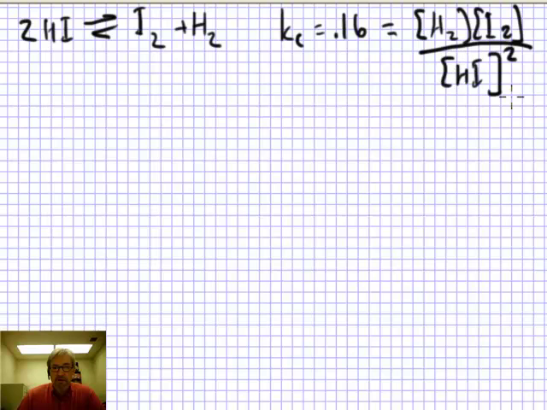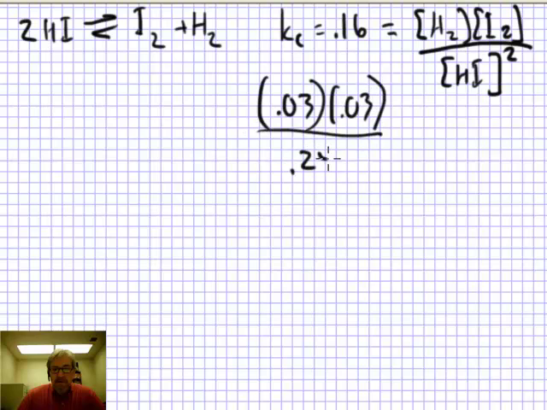Well, this is a reaction that we originally investigated in the last video, and I'm going to take one of those experiments and use the equilibrium values that we know existed under certain conditions where 0.16 was the Kc value. So let's say 0.03 times 0.03 for H2 and I2 concentrations divided by 0.240 squared is equal to Kc.